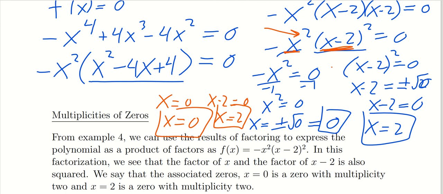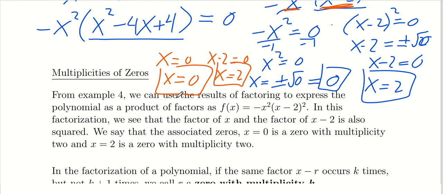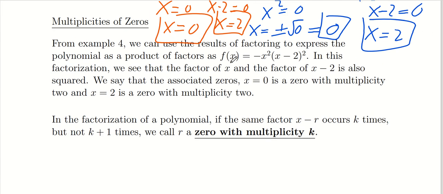These exponents, though, for these factors, are important, and they're related to something which is called the multiplicities of our zeros. When we got the solution x equals 0, this came out of a factor, namely the negative x squared part, which was raised to the second power.